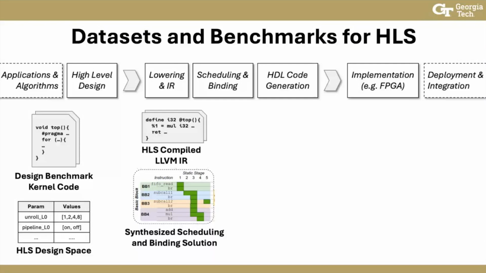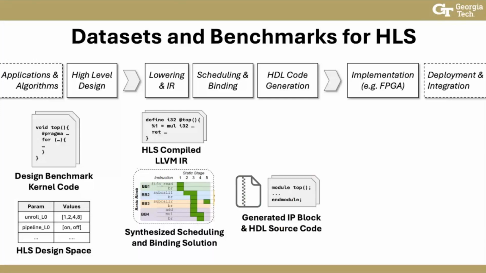And then binding allocates different nodes to different hardware resources in the device. Once you have all this information, it generates the appropriate HDL for the solution it synthesized. And then sometimes it also packages it as an IP block for whatever vendor downstream.